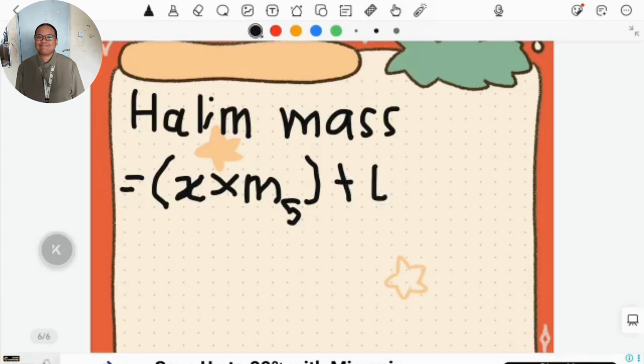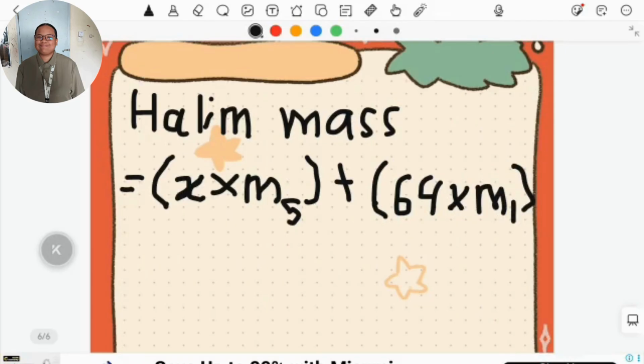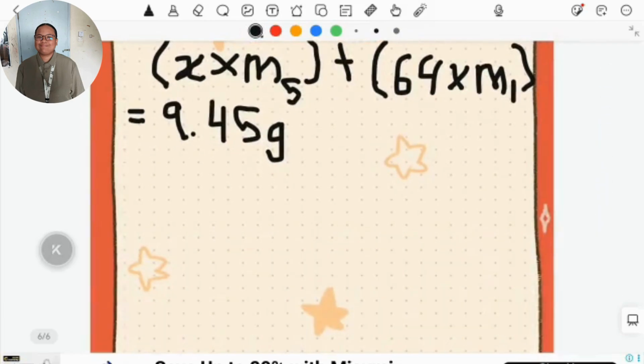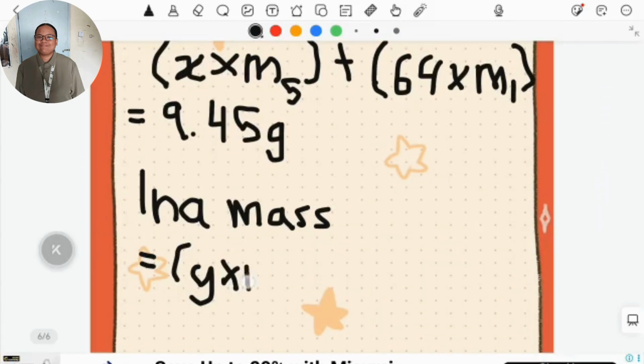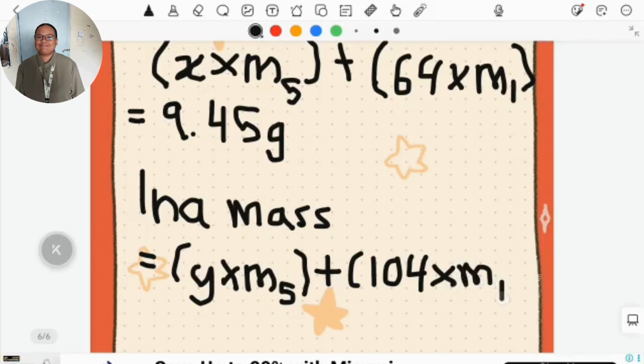To find Halim's mass for his notes, it will be in bracket x multiplied with m5 plus in bracket 64 multiplied with m1. The answer should be 9.45 grams. Meanwhile, to find Ina's mass for her notes, it will be in bracket y multiplied with m5 plus in bracket 104 multiplied with m1.